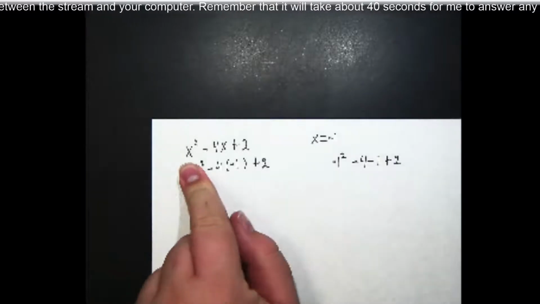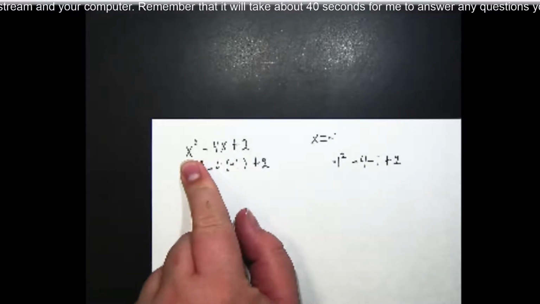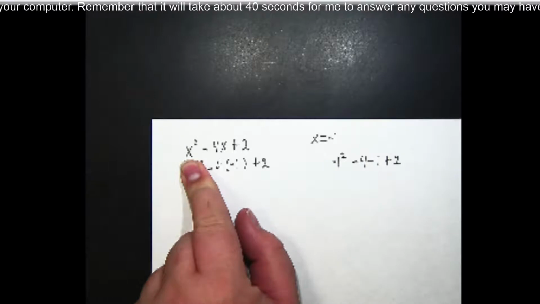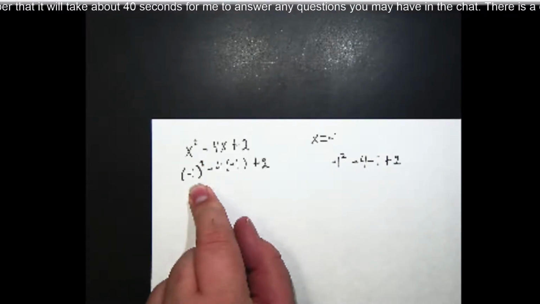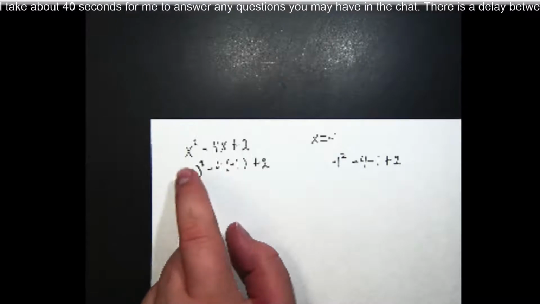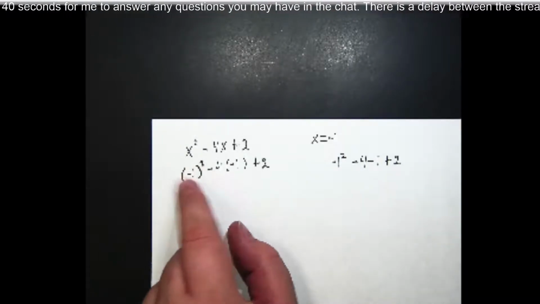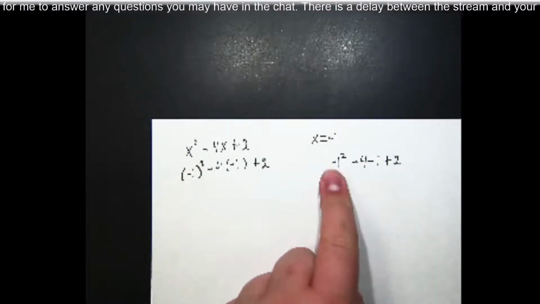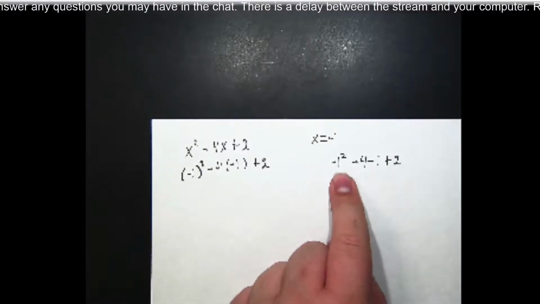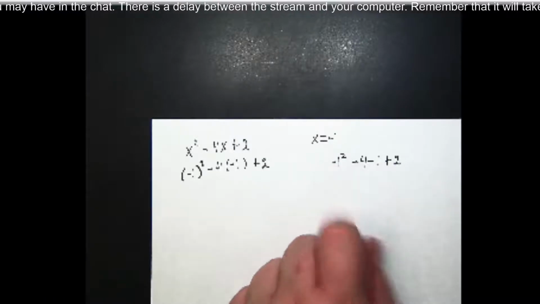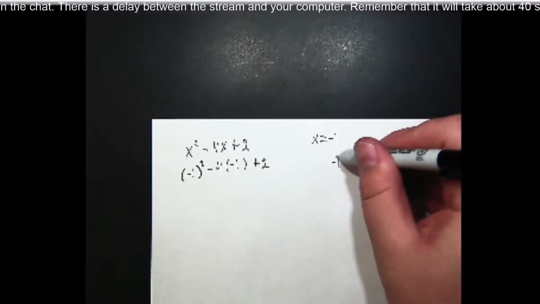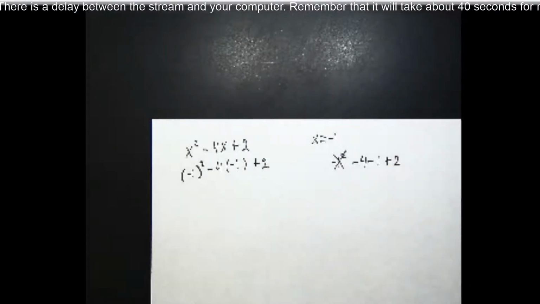First of all, x is supposed to be squared. The entire x is supposed to be squared, which here, in the correct way with the parentheses, the negative and the 1 are both being squared because they're in parentheses. Here, only the 1 is being squared, not the negative. So this is the first place where we're going to have a problem since we didn't use parentheses.